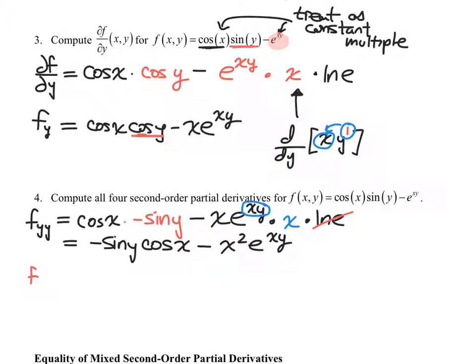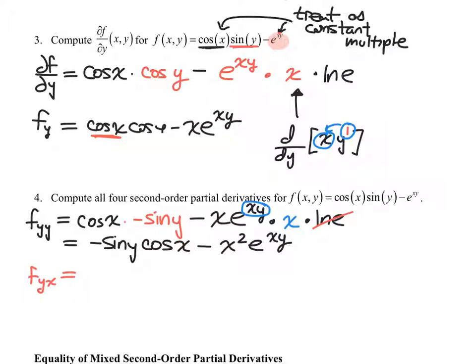but now I need f sub yx. All right. So f sub yx, taking the derivative with respect to x now. All right, and that spices things up a little bit.